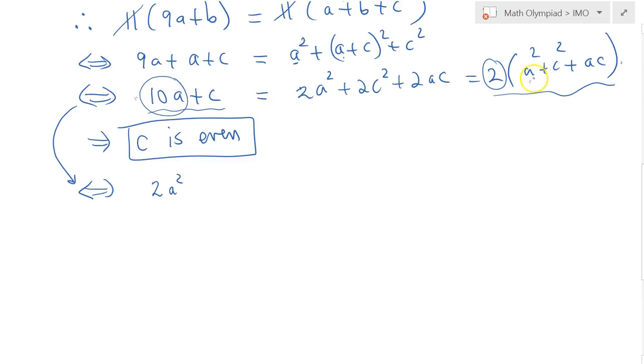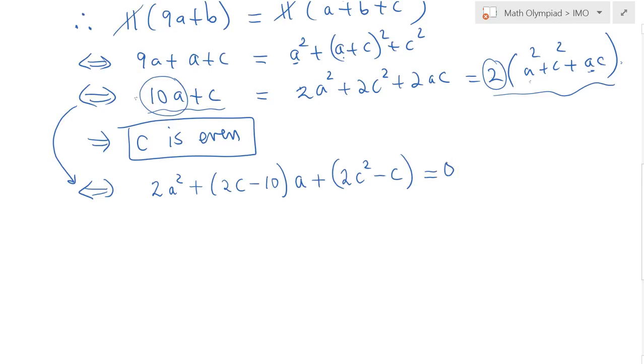Remember, I'm trying to express it as a quadratic in a. So the a term here has a coefficient of 2c minus 10, so plus 2c minus 10a, and finally the constant terms would be 2c squared minus c.